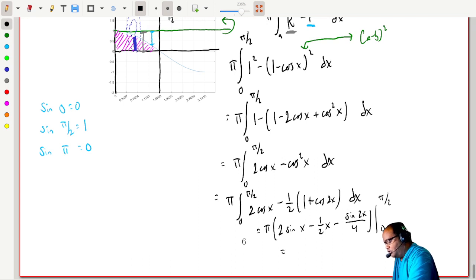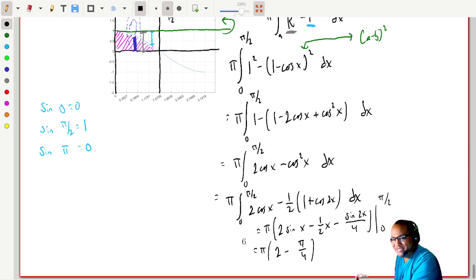When you do all that work, you'll have pi times, well, 2 times the sine of pi over 2, that's 1 times 2, minus half of pi over 2 is pi over 4, and then minus, do we need to write something there? No, because 2 times pi over 2 is pi, sine of pi is 0, and 0 divided by 4 is 0.